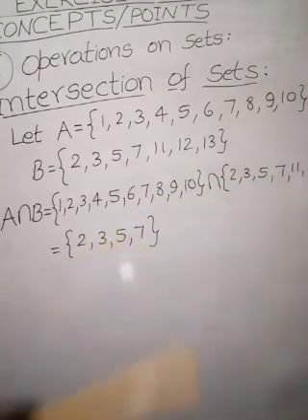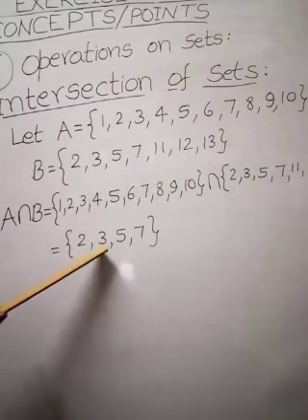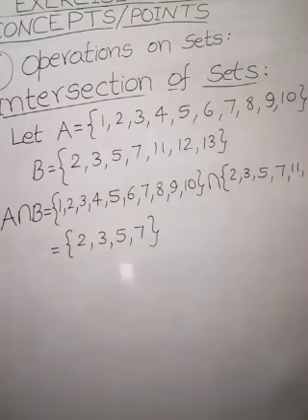Only these 4 elements are common to both sets A and B. Therefore A intersection B is equal to the set 2, 3, 5, 7. Understood, my dear children, how to find the intersection of two sets?